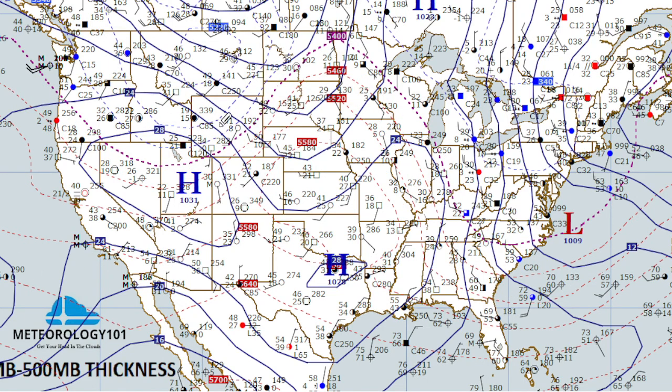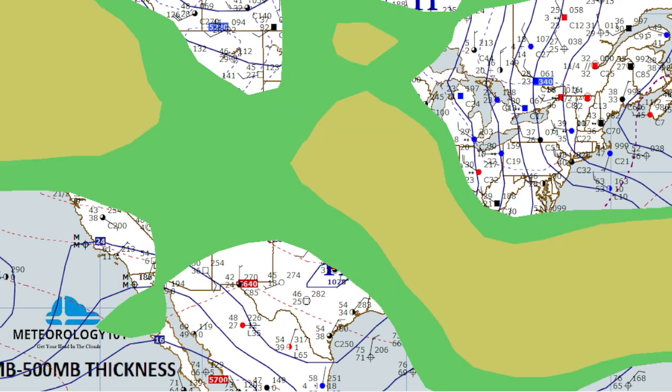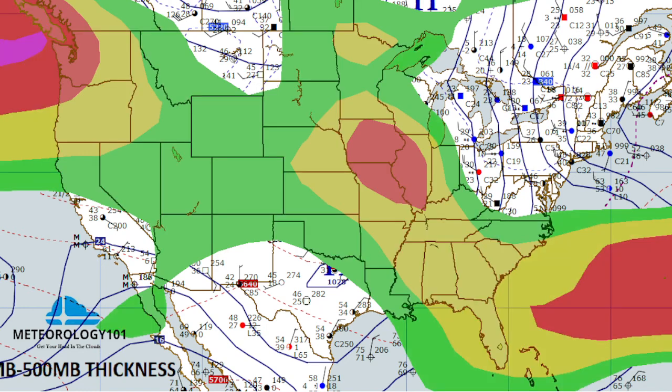Now we can say the tightest packing looks like right through here. That would pretty much place that jet stream. So right through here. So if we wanted to, let's turn this off for a second, and then I'll throw the jet stream over this chart just to give you an indication what a jet is.